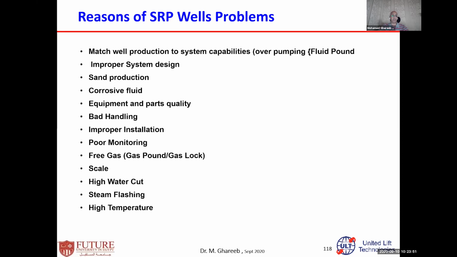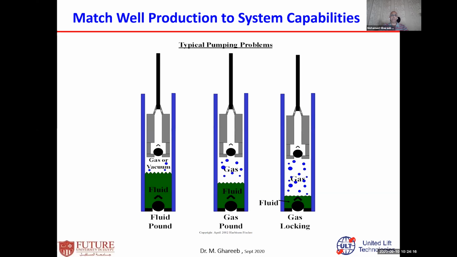Then installation and monitoring: some people ignore monitoring. Other causes are gas interference, gas lock, scale from water, high water cut, and steam if you have steam injection. High temperature sometimes matters if you do not run a suitable pump with suitable metallurgy. For matching well condition with well production, it's a typical problem.